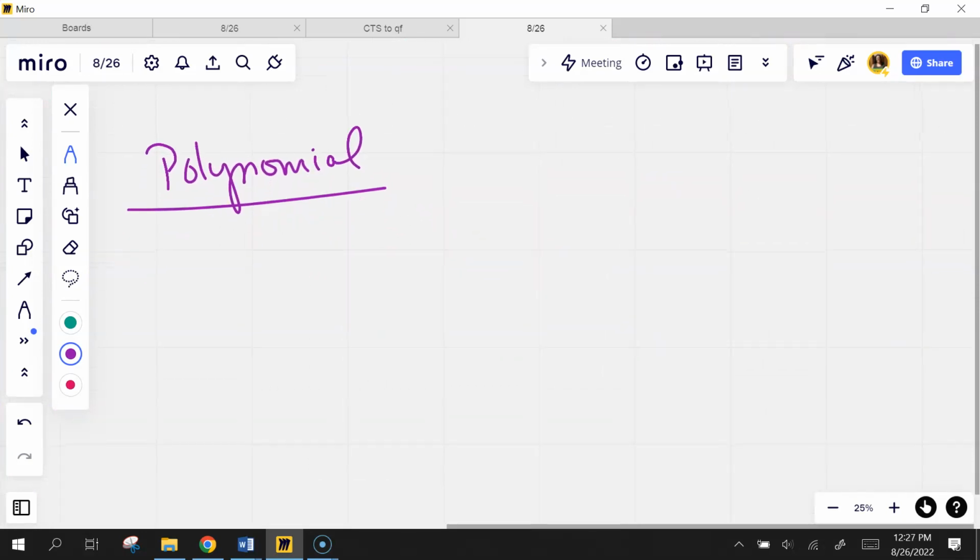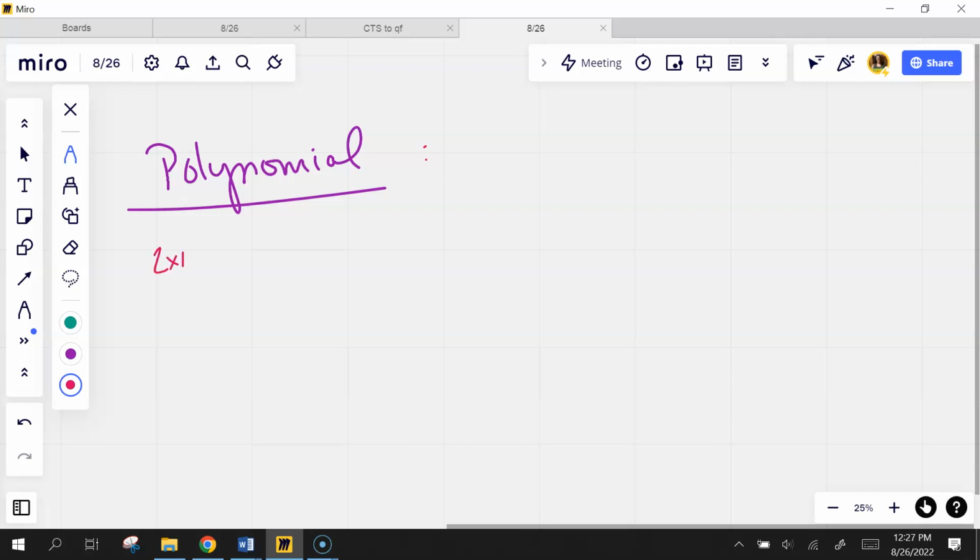No. If you can't define it just yet, give me some examples of polynomials. I know, that's okay. What do you have? Well, let's go back to the Algebra 2 definition, and then I'll give you the pre-cal definition.